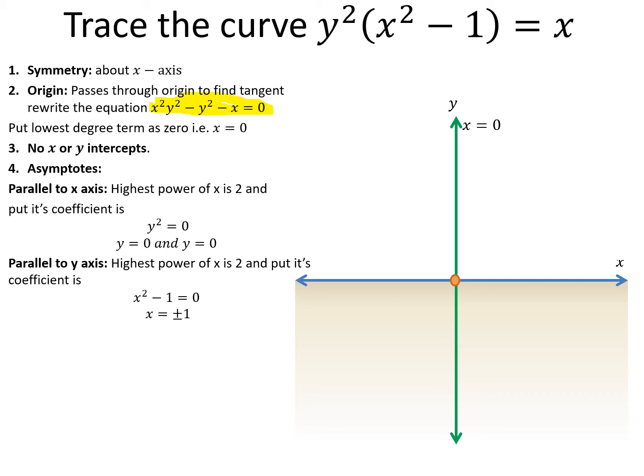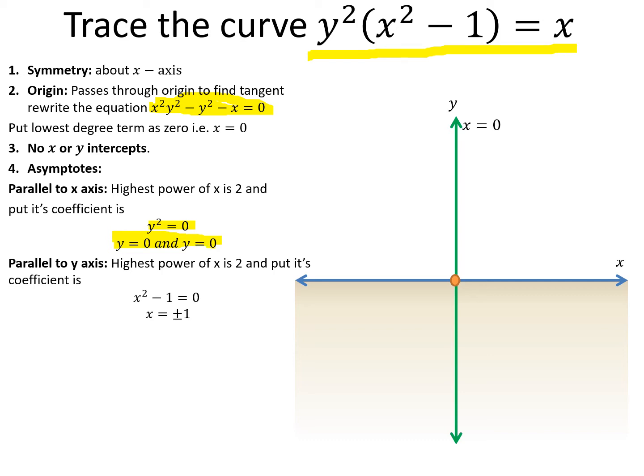In the equation, the highest degree of x is 2 and its coefficient is y square. So we put y square equal to 0. So we will get y equal to 0 and y equal to 0, that means the x-axis. But here we are getting the x-axis as an asymptote 2 times. Got it?